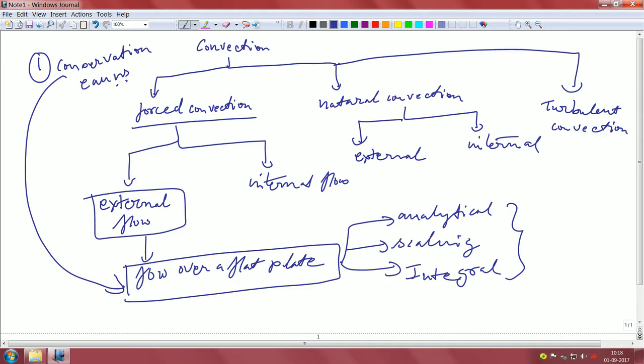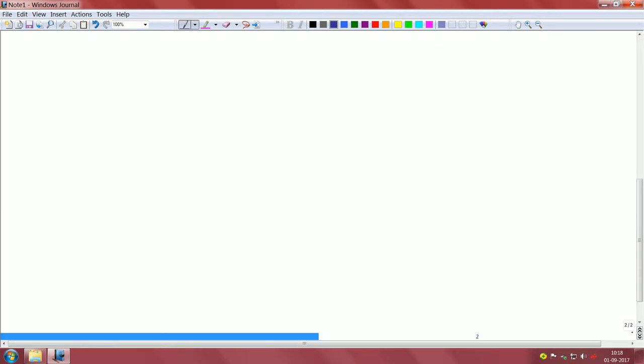So, before we go to flow over a flat plate, let us first look at the concept of heat lines, which as I said was first introduced by Adrian Bejan. Let us see what heat lines are. If you recall your analysis of the stream function, in any fluid mechanics book this will be very common.